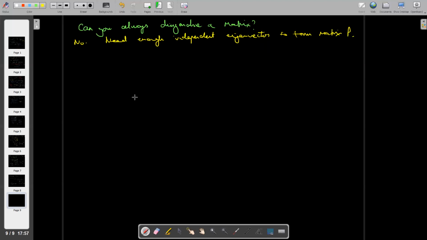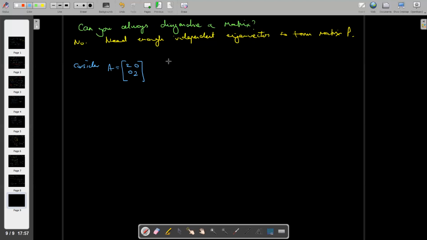So let me give you an example of some case where it is possible and one case where it's not possible. So let's do a simple, quick case now. Let's consider a really simple example now. The matrix A, which is 2, 0, 0, 2. So it's already a diagonal matrix if you want.